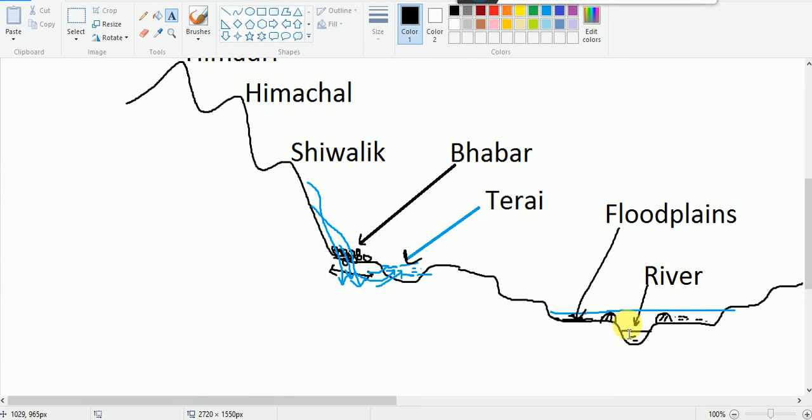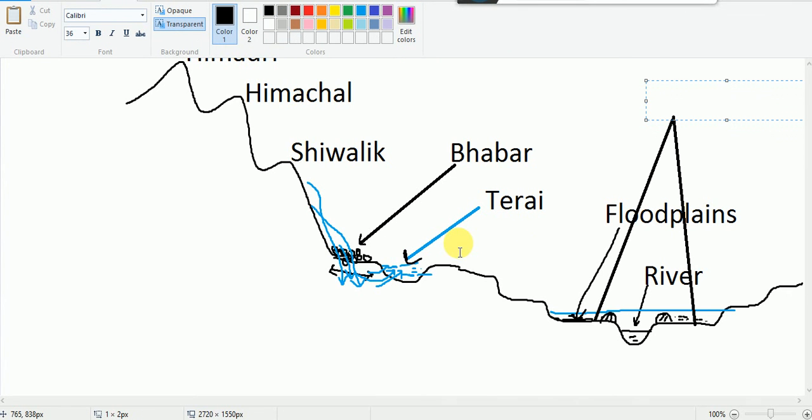In the floodplains, in these areas, just see here, you'll find the newer alluvium known as khadar.